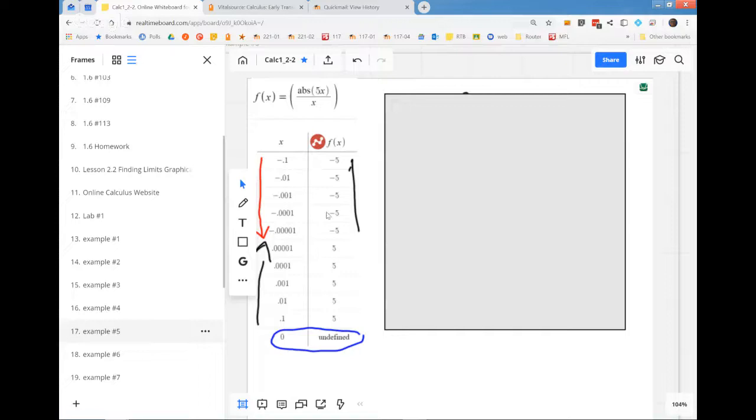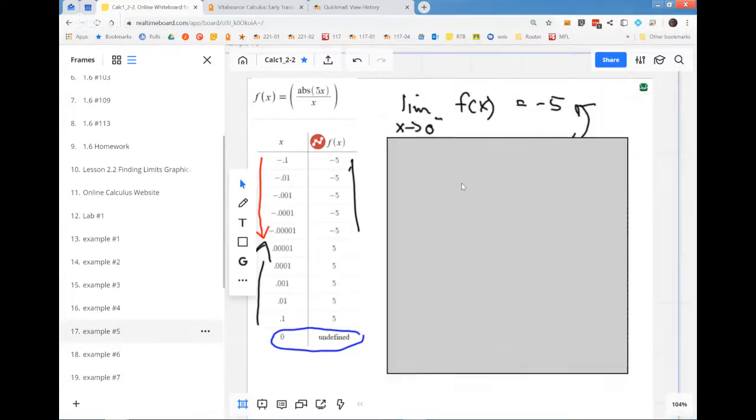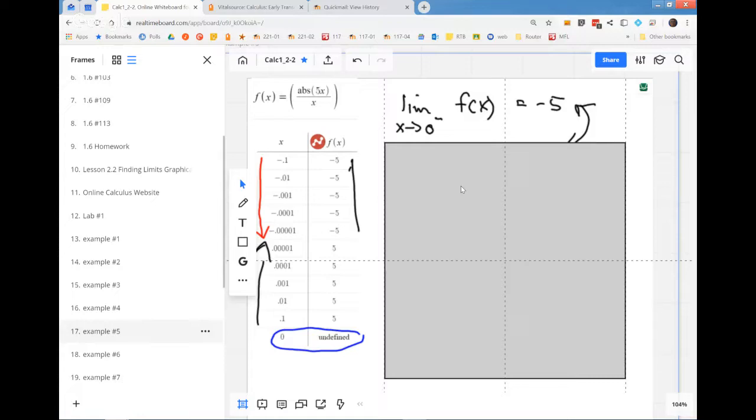Now, what happens? When x is approaching 0 on the negative side, you notice how all the answers are stuck at -5? -5, -5, -5, -5. On the positive side, when x is approaching 0, everything is +5. And as you know, you can't plug in 0. So the left-hand limit is -5.